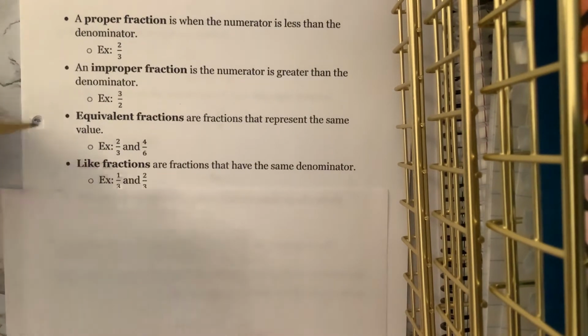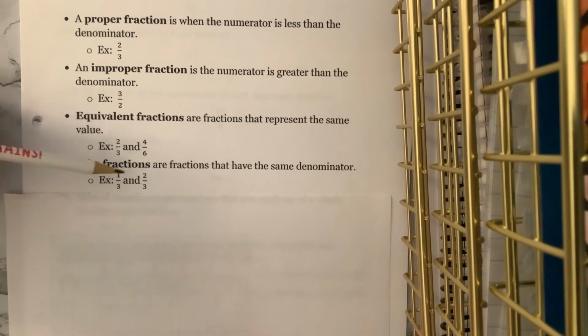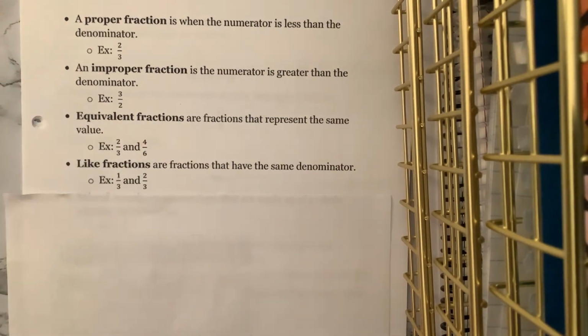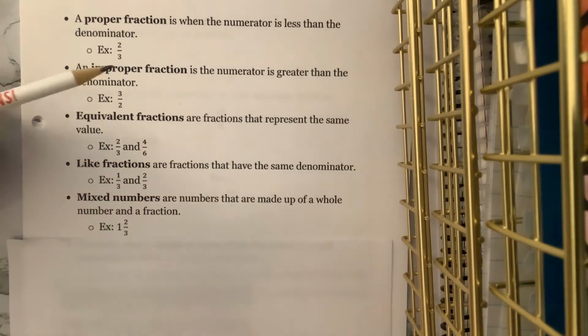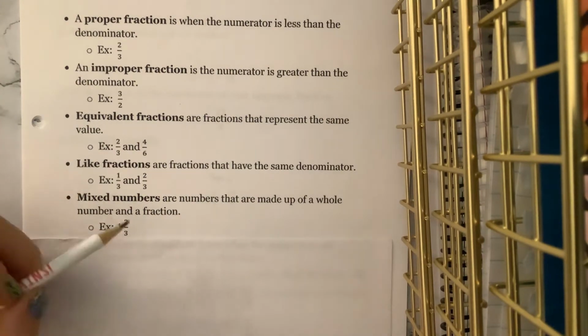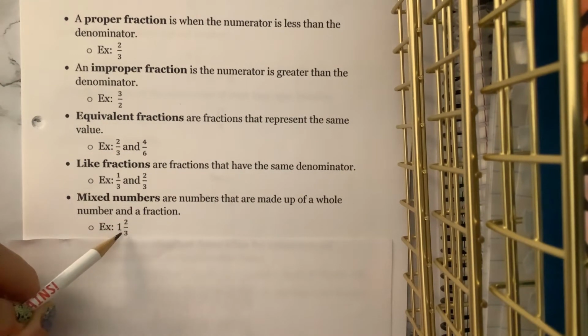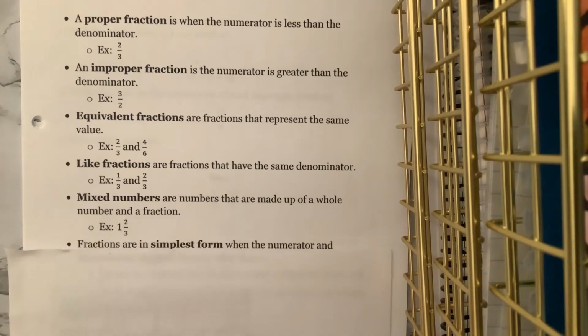Like fractions are fractions that have the same denominator. So 1/3 and 2/3 are considered like fractions because their denominators are both 3, okay? Mixed numbers, which we're going to work with a little bit today, are numbers that are made up of a whole number and a fraction. So 1 and 2/3 would be a mixed number.